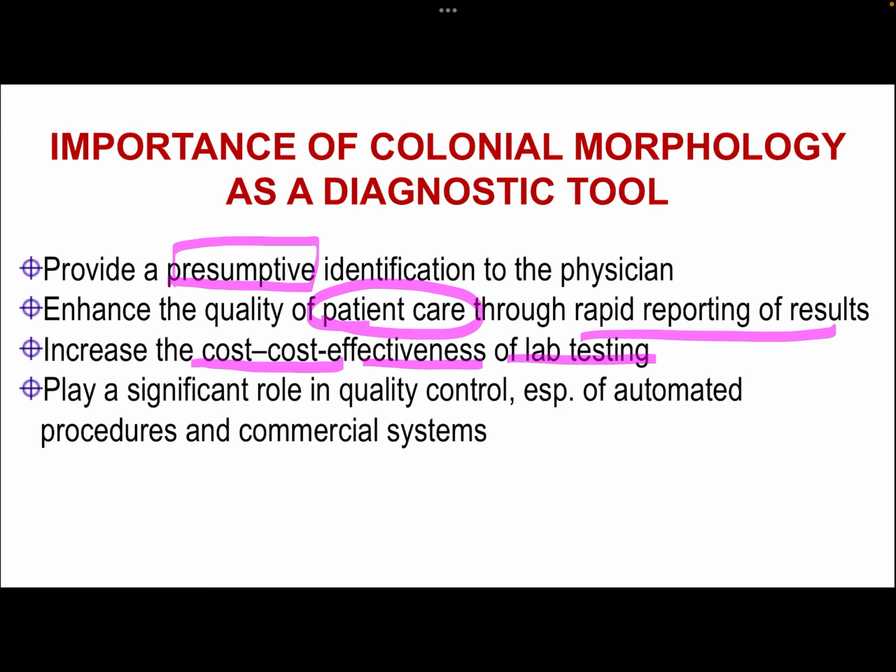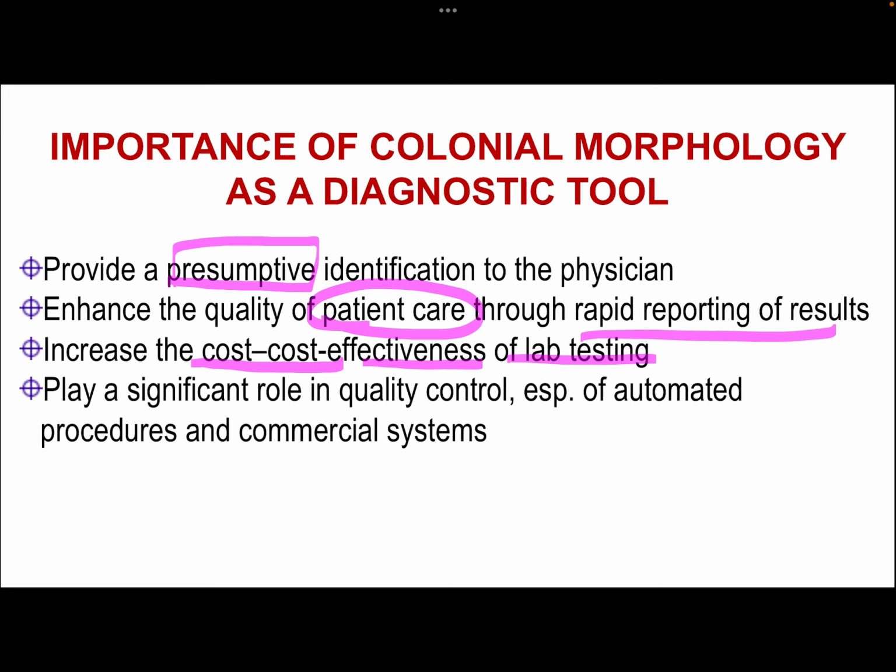And of course, it increases the cost effectiveness of the laboratory because you are not wasting the materials, the agar, and all the culture media that you are using in the laboratory, because you are correlating what you are doing and you are identifying correctly the bacteria present in the patient sample.